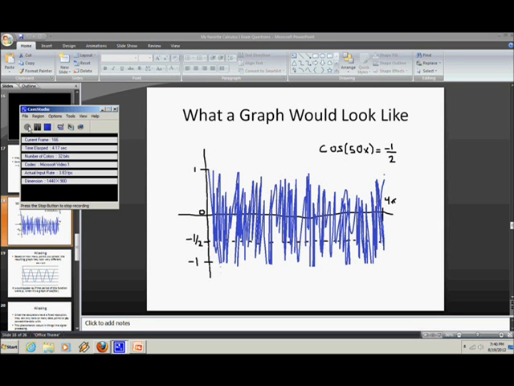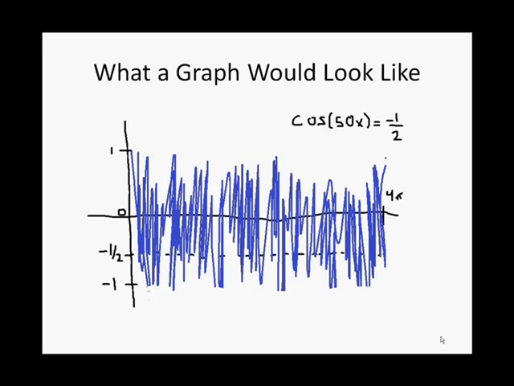If we were to actually look at a graph of this function, cosine of 50x equaling -1/2, pardon my MS Paint skills, but a graph would look pretty much something like this. But if we were to actually correctly graph this thing like it should look, we just said that there are going to be 100 periods of this function inside this little tiny window from 0 to 4 pi.